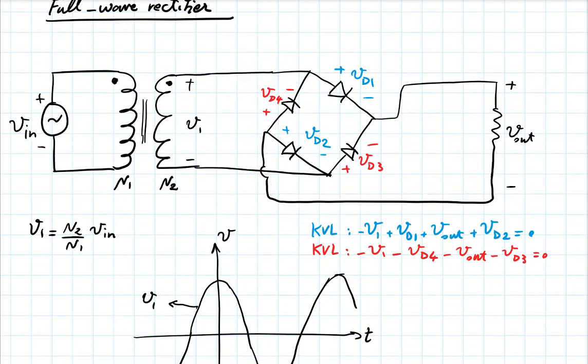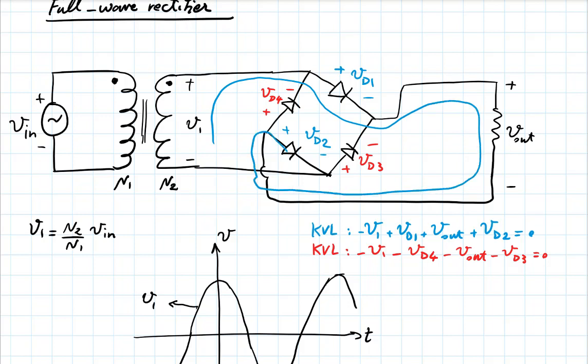In the positive half of the cycle, the charge is flowing like this. So it's the same as before. I've just added some arrows to show. And you see that the current is going in the forward direction of both D1 and D2.